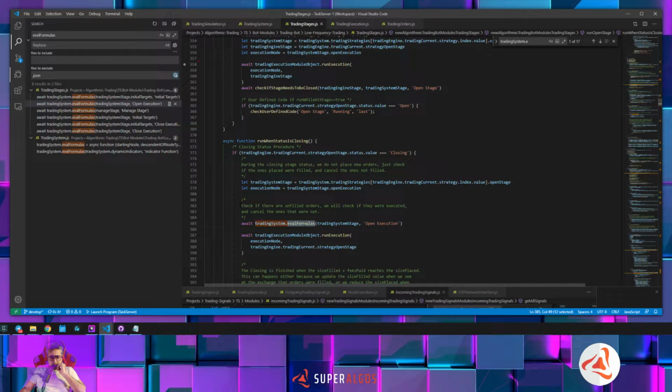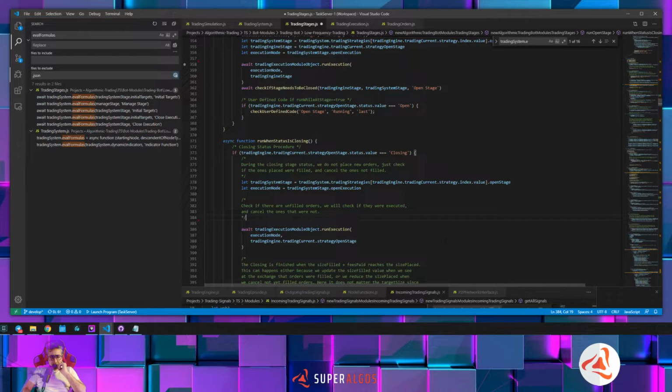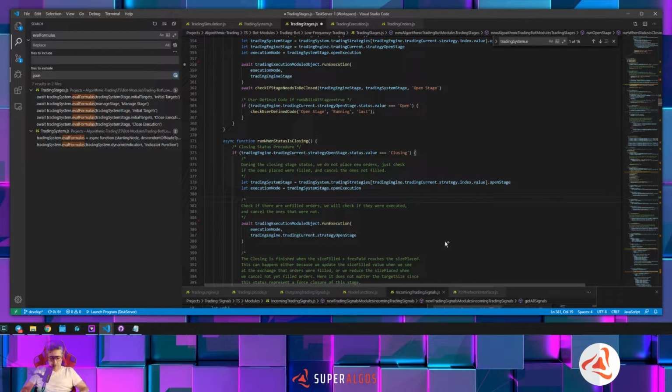Here we are trying to evaluate the formulas of the open execution. Check if there are unfilled orders. We would check if they were executed. Cancel the. I don't think we will need this one because the only formulas are to calculate the order rate. So there is no order rate needed for checking for cancellation, and even if there is something needed, it's going to go through the function that we already identify. So this is gone.